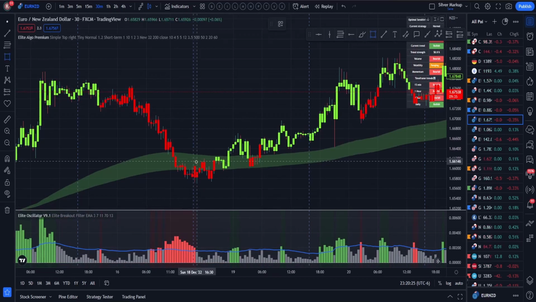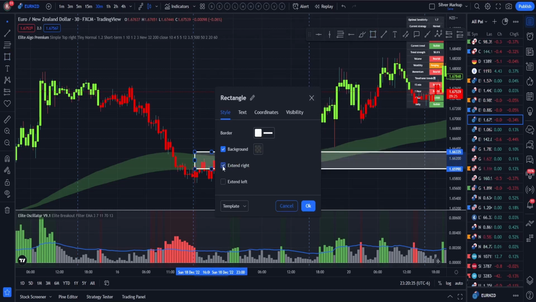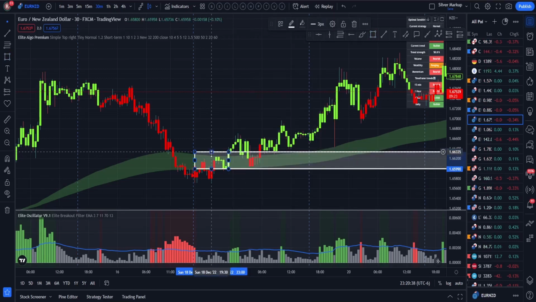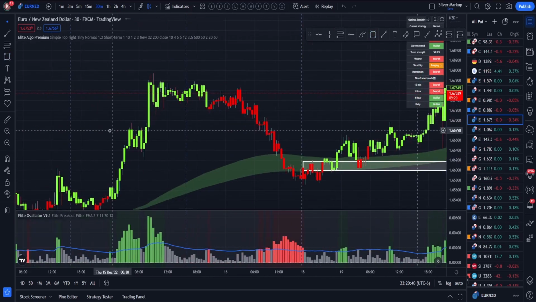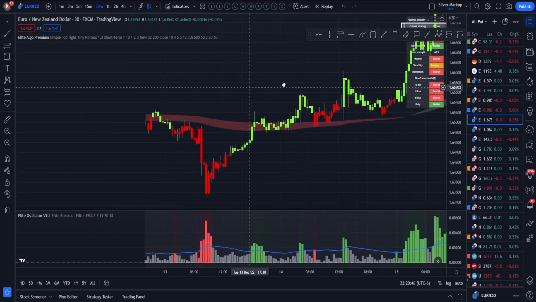So we have here, at this price level here, that price level, identifying this one here, see if it goes forward.